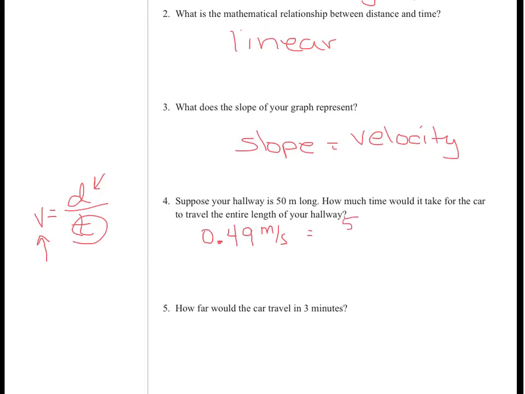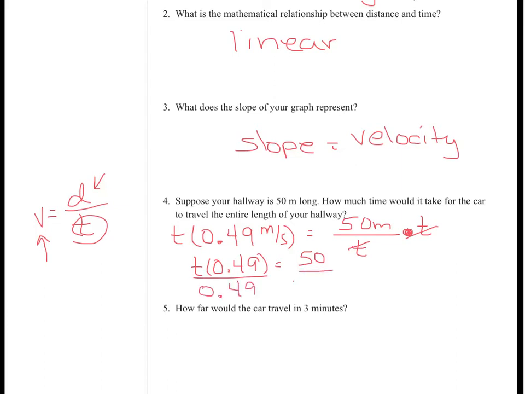And our distance is 50 meters, so we are looking for time. Time is in the denominator. We don't want it there, so to get it out of the denominator so we can solve for it, we need to multiply both sides by t. And then I'm going to divide both sides by 0.49 to give me my time.